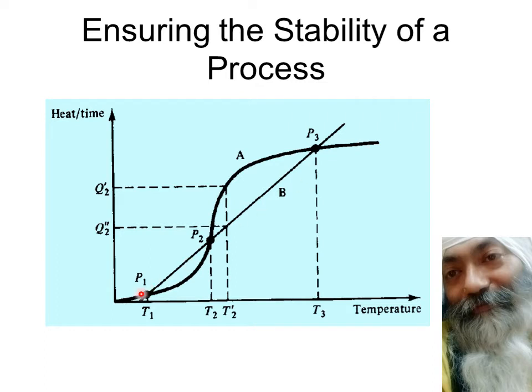Now, the heat which is absorbed, at a given flow rate, it's again very important, at a given flow rate. As the temperature increases, the difference between the coolant and the mixture also goes on increasing, because let us say the coolant is flowing at 4 degrees Celsius and the mixture is varying anywhere from 30 degrees to 70 degrees.